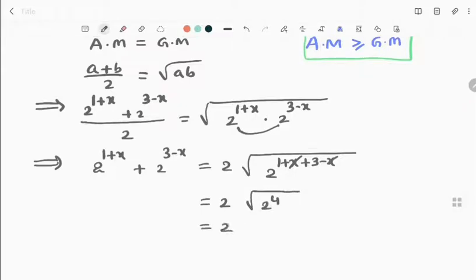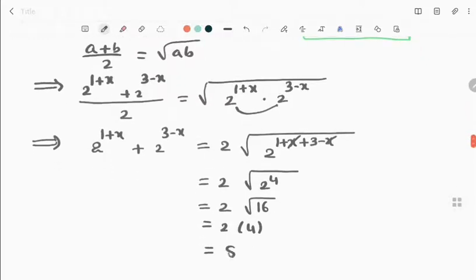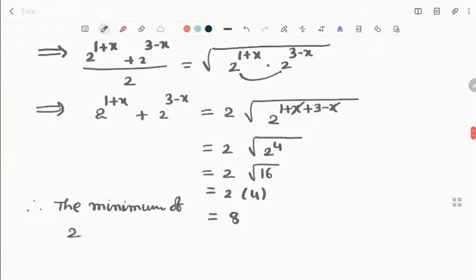So it is 2 into root of 16, which is 2 into 4, which is equal to 8. Therefore, the minimum of 2 power 1 plus x plus 2 power 3 minus x is 8.